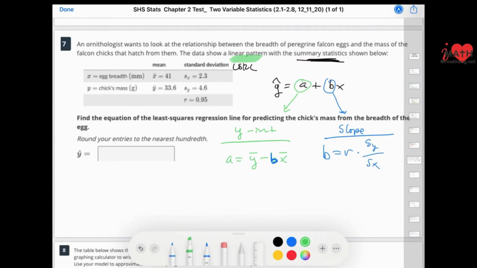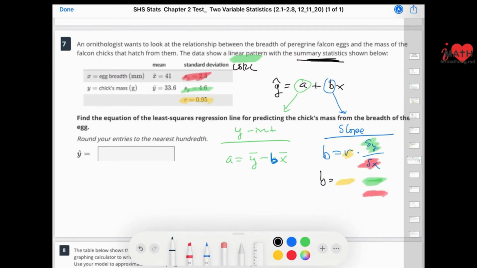Okay, let's go ahead and find these. So my correlation is here. The standard deviation of y is here. And the last one, we will use red. Sx is here. Let's put those in.